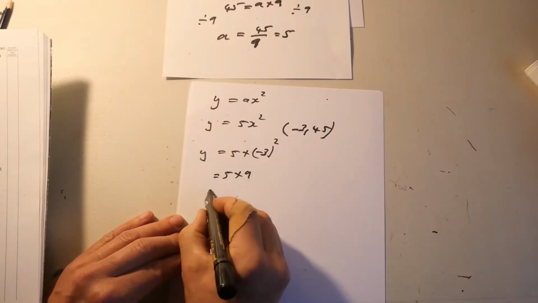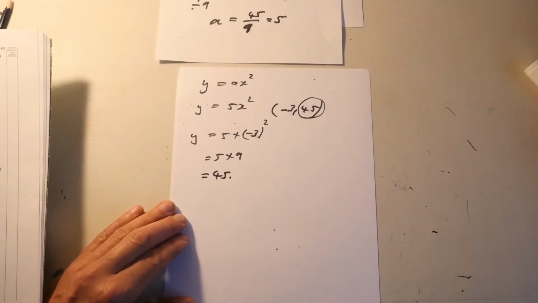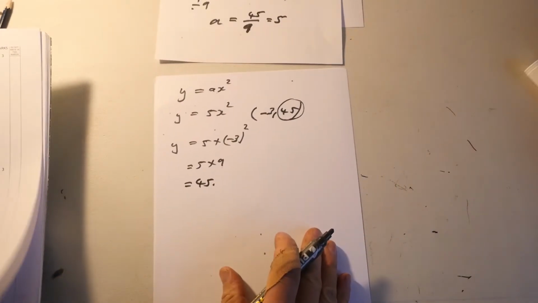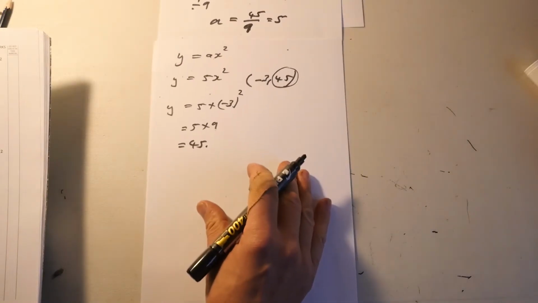So you get 5 times 9 equals 45, which is this value. So that's an example of doing problems with parabolas.